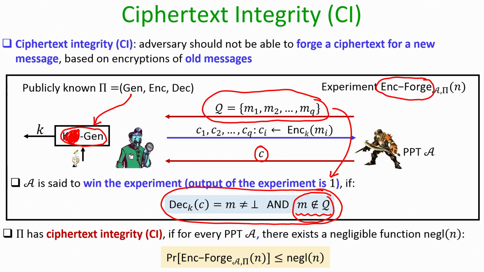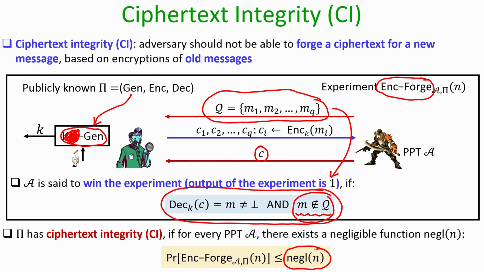Now, our formal definition is, we say that an encryption process has the ciphertext integrity property if for every polytime adversary participating in this experiment, the probability that it can forge a new ciphertext is upper bounded by some negligible function.